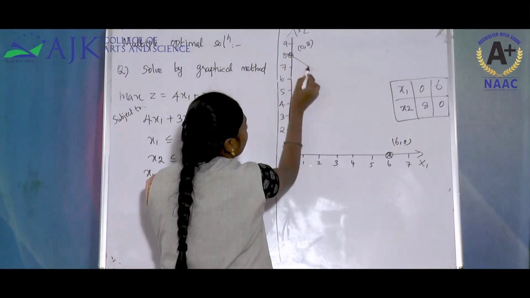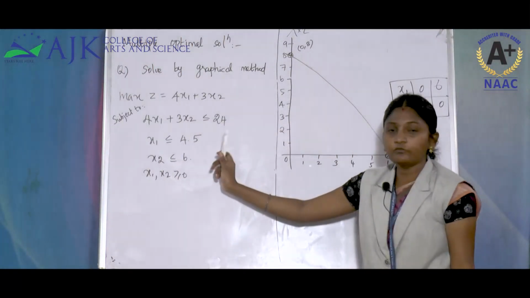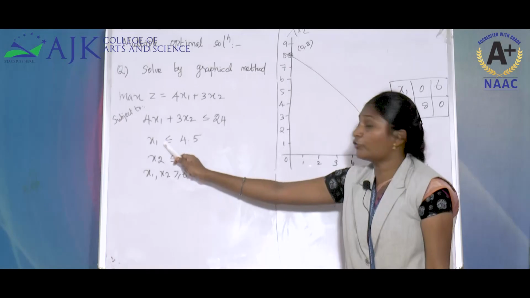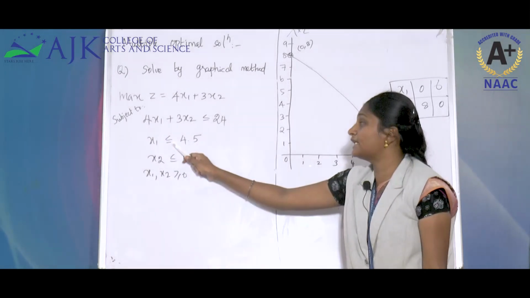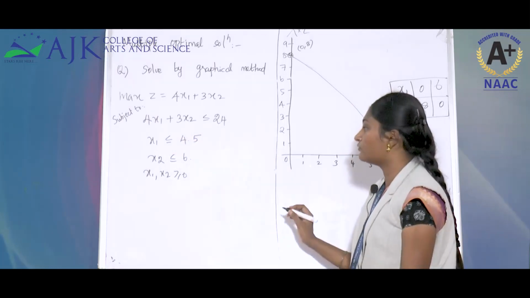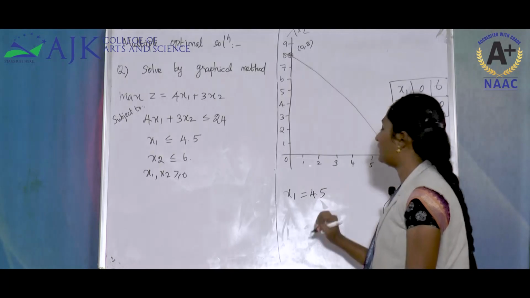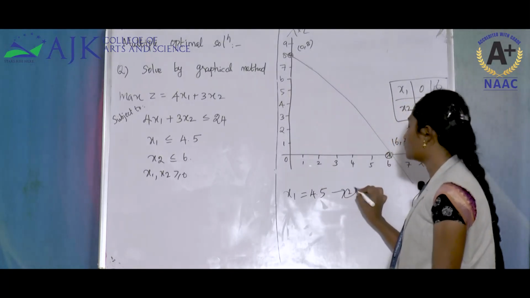Next, consider the second inequality, x1 is less than or equal to 4.5. We consider this inequality into an equation. Our equation is x1 is equal to 4.5. This is equation number 2.